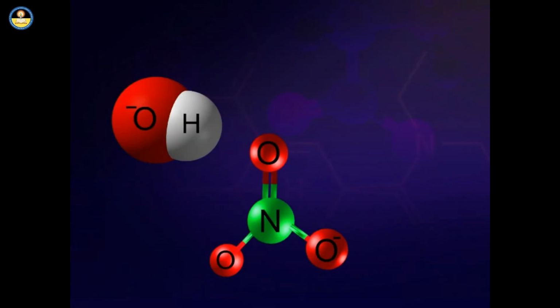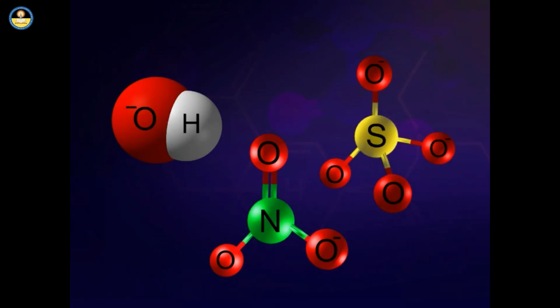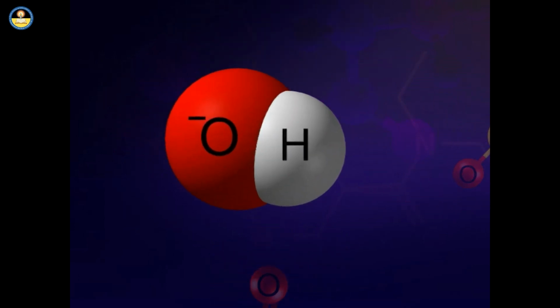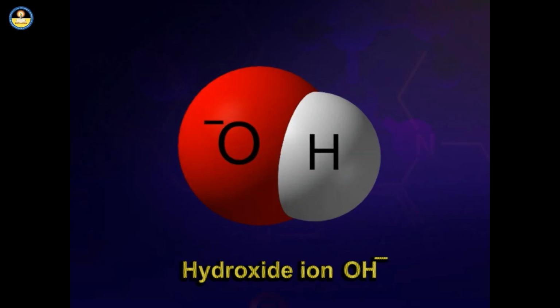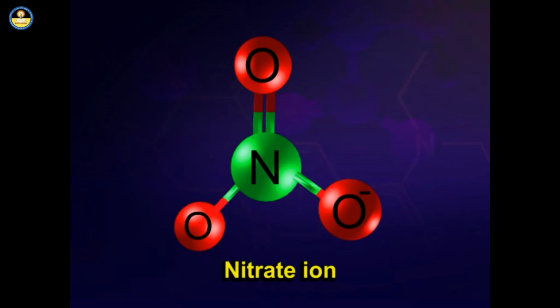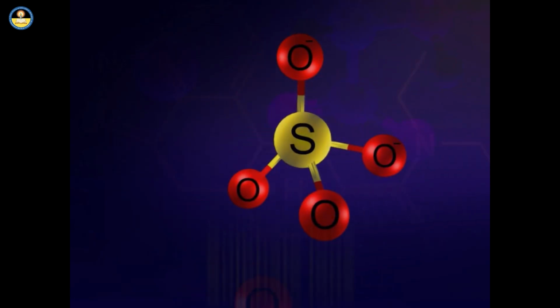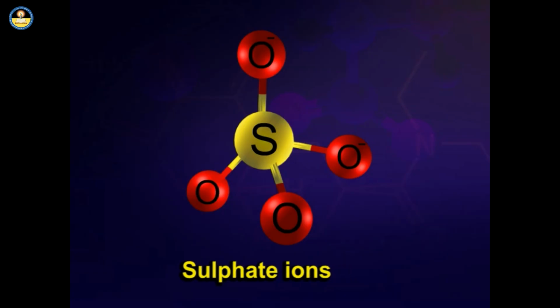An anion which has more than one kind of atoms of elements is called a polyatomic anion. For example, hydroxide ion, that is OH-, nitrate ion, that is NO3-, sulfate ions, that is SO4 2-, etc., are polyatomic anions.